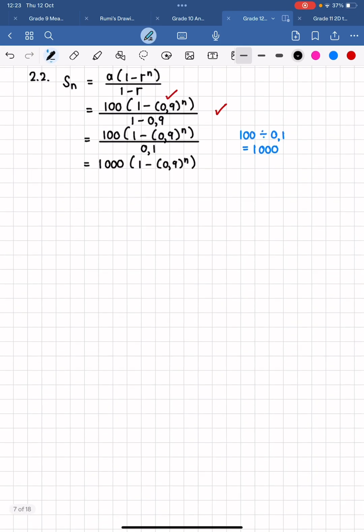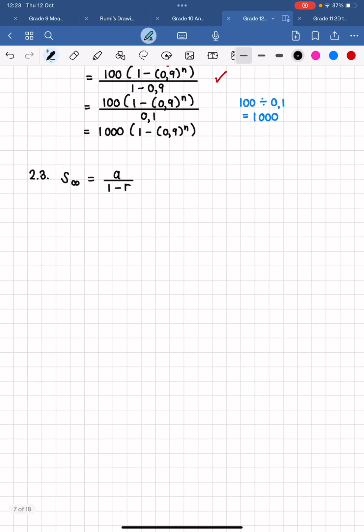Okay, then very quickly, 2.3, also worth 2 marks. They are now asking us for the sum to infinity, which also on the formula sheet is a over 1 minus r. A is 100, and r is 0,9.